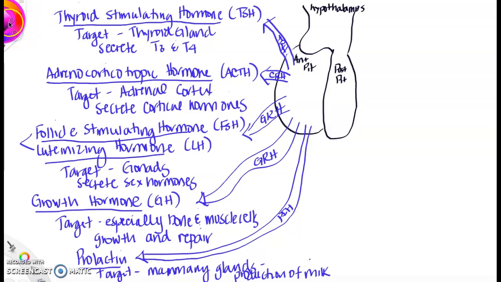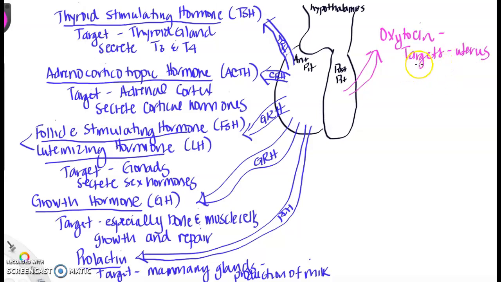So the posterior hormones, so we're talking about post-pit, and the posterior pituitary again secretes hormones that are synthesized by the hypothalamus, and the hypothalamus then signals their release. So the first one is oxytocin. And oxytocin targets the uterus for labor contraction.